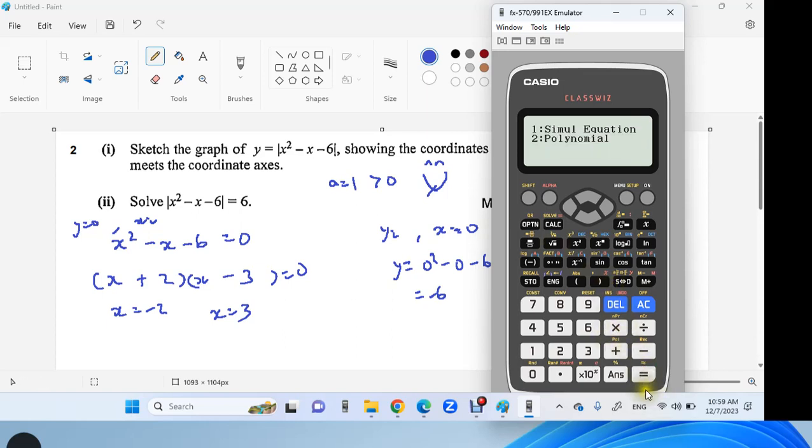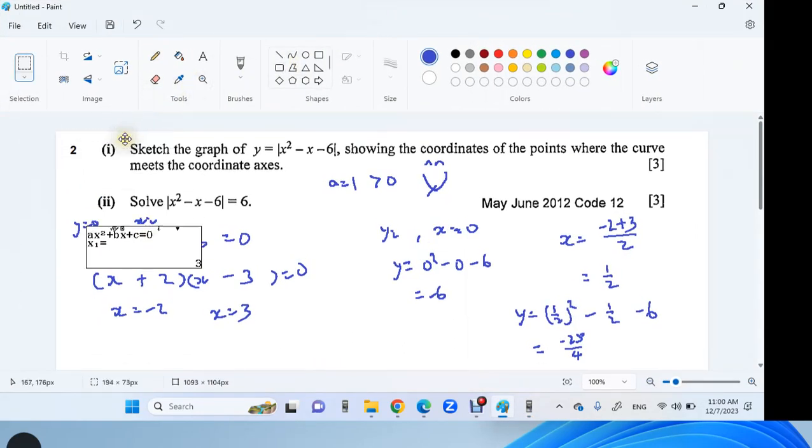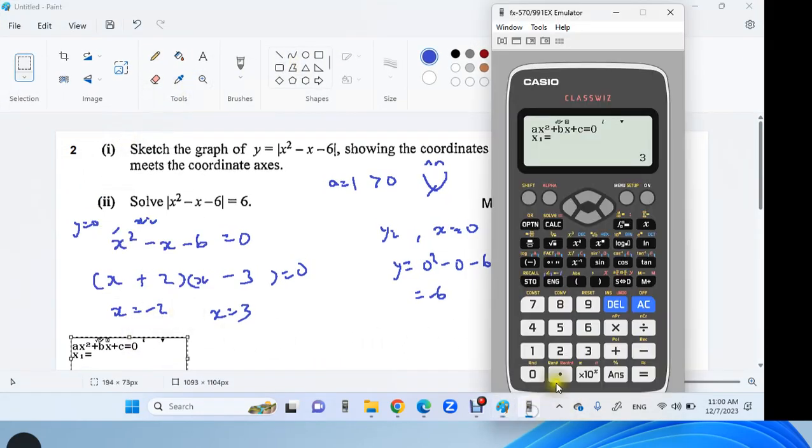So go to equation, then go to number 2, polynomial, and go to number 2 again, degree 2. So we have 1 equals, negative 1 equals, and negative 6 equals. And you press equals again, it will say that x1 equals 3. Okay, so x1 equals 3, this is the root.